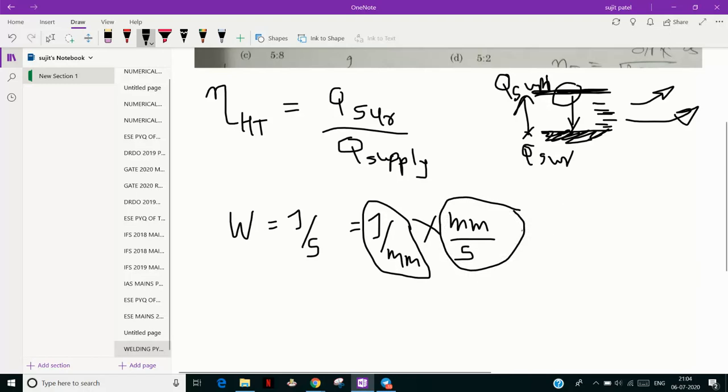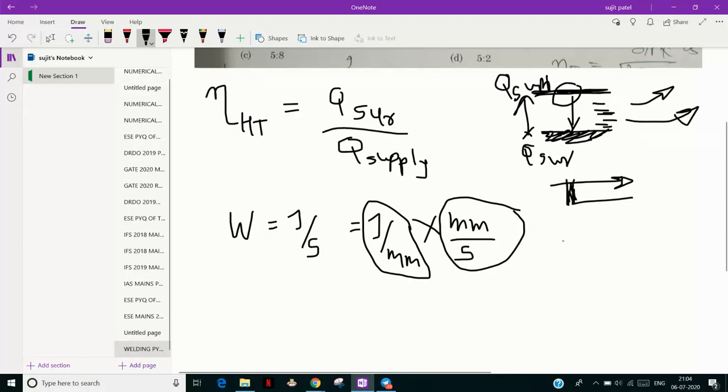Because in welding we have some velocity of the welding rod, the heat supplied in 1 second also depends on the welding speed.